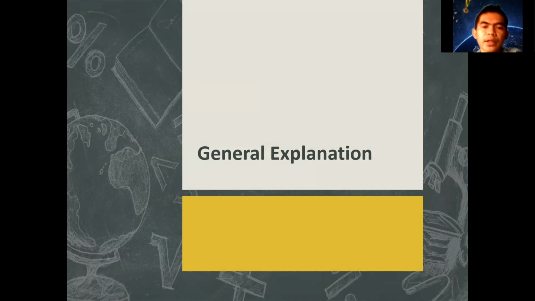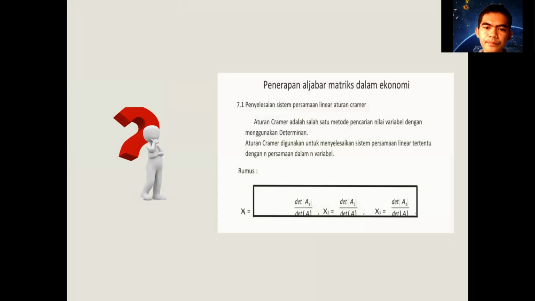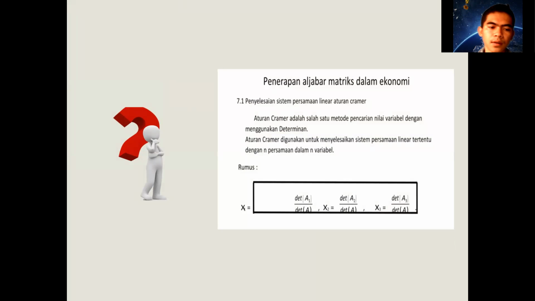We go to the general explanation. As usual, we should know the definition of the subject. Before that, we know that for a linear system of two or three variables, we can use substitution and elimination for solving the problem.